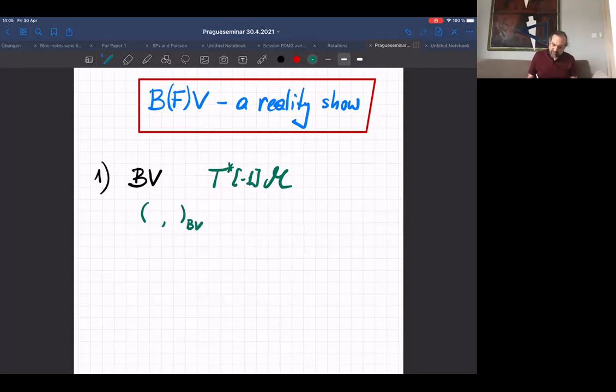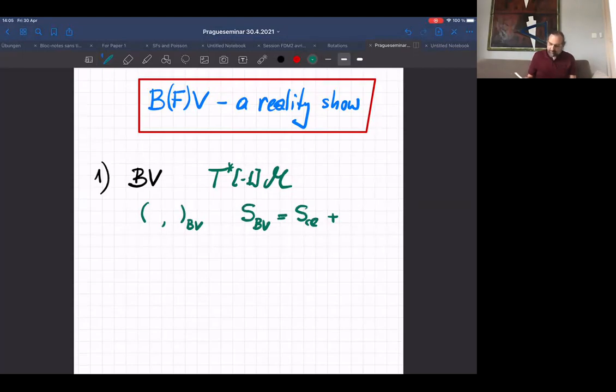And you have your BV functional, which is an extension of the classical action, where the classical fields are part of this graded manifold M, which has a Z grading if it's induced by the Z2 grading. In degree 0, we have the classical fields.